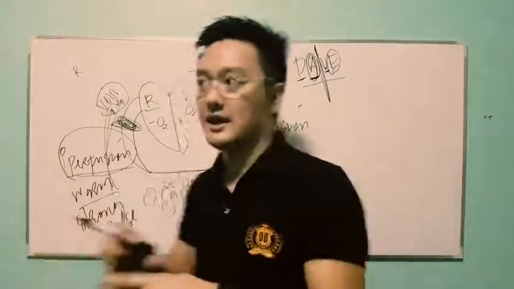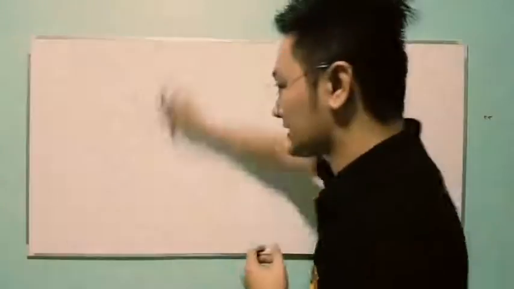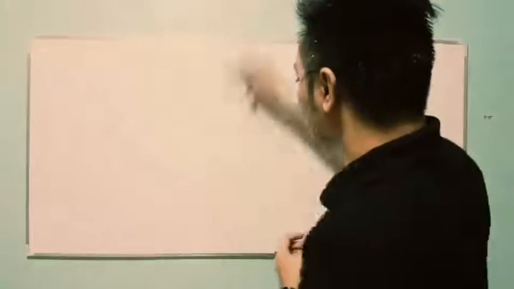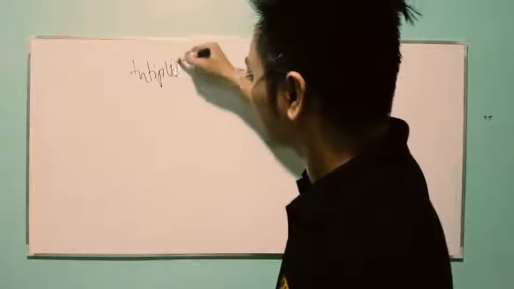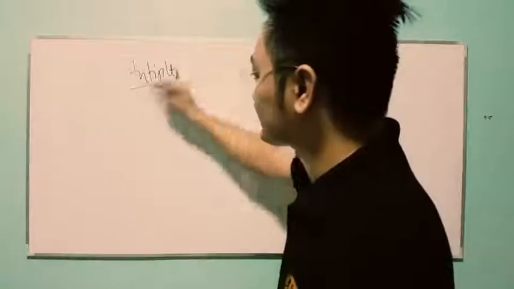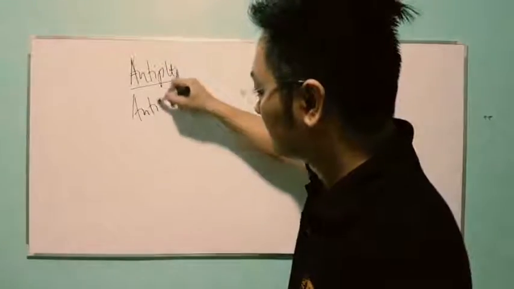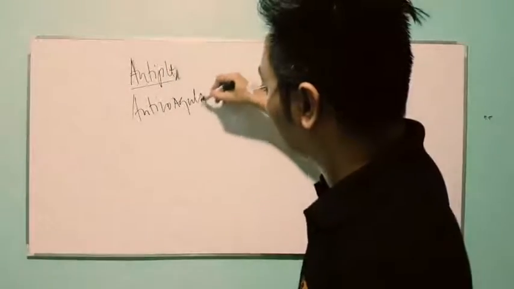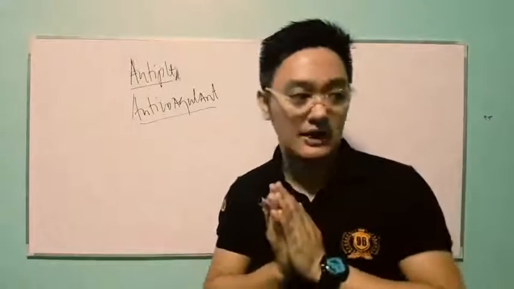Now another thing is your anticoagulant and antiplatelet. This is actually a highlight in your examination, right? Anticoagulant and then your antiplatelet drug. Now let's start with antiplatelet. Question: what is the difference between an antiplatelet drug and an anticoagulant?